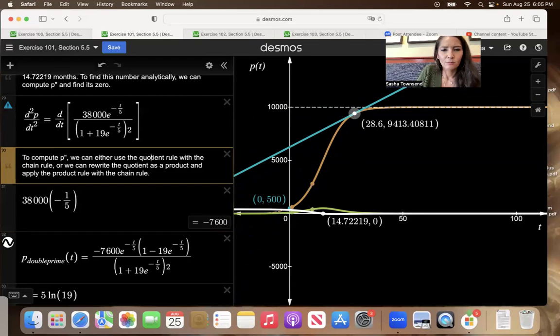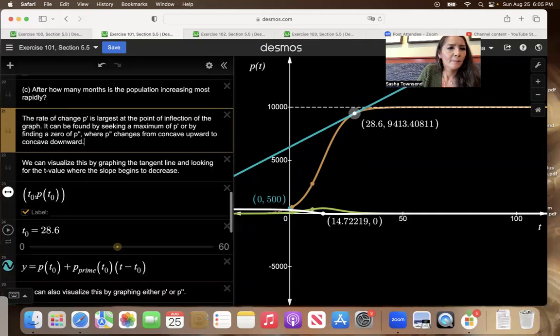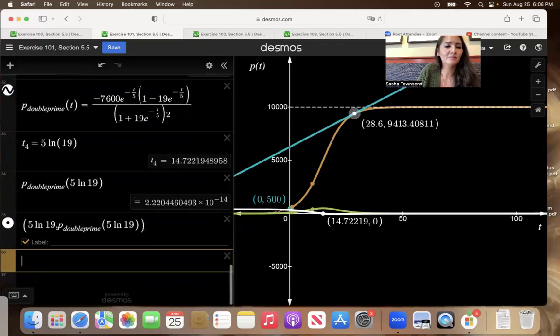So let's see, what should we say? What did the question say? After how many months is the population increasing most rapidly?